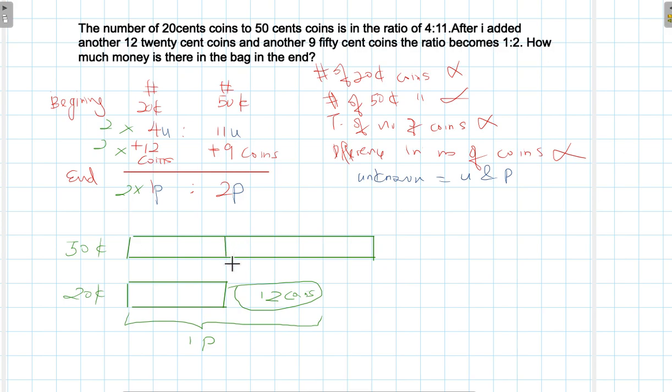Here's 11 units. Here's 4 units. And then here is 7 units. And then I will have 9 coins because I add in 9 coins. Correct. And then here is actually 2 parts.